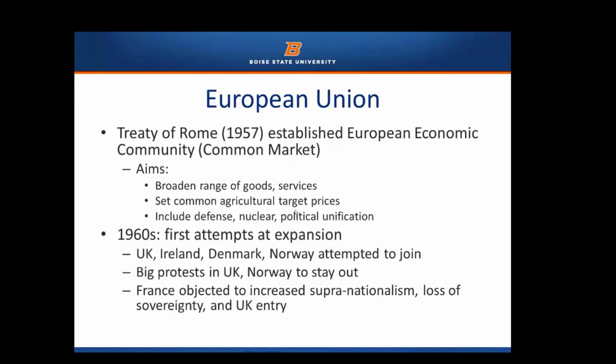They wanted to have set prices across the countries on agricultural goods, and also have the beginnings of a common defense policy, stance towards nuclear weapons, and initial stages of political unification. That was in 1957, the Treaty of Rome, key in the development of the European Union.